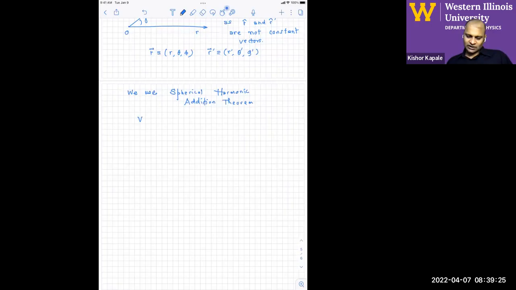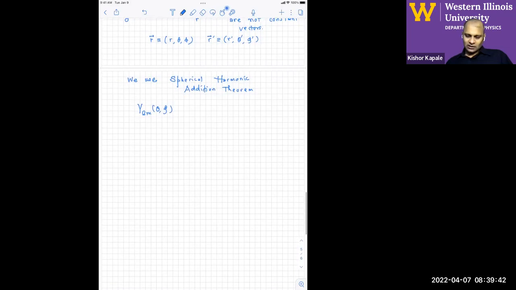So spherical harmonics in general, Y_lm of theta, phi, are functions that involve both theta and phi, the two angular spherical coordinates.